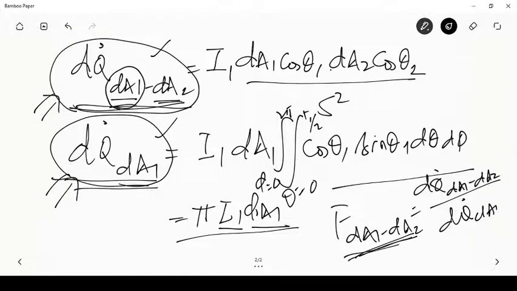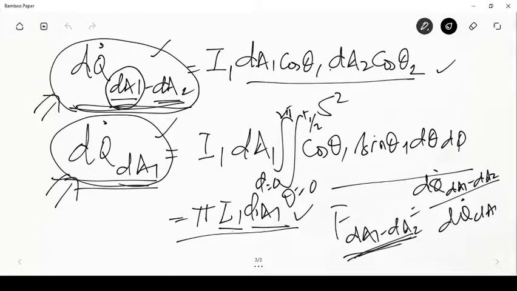Okay, so this fraction is dQ dot dA1 dA2 divided by dQ dot dA1. And if I substitute for these two, if you compare these, you can see that the I1 will get cancelled out, the dA1 will get cancelled out, and the pi will get appended to the bottom.